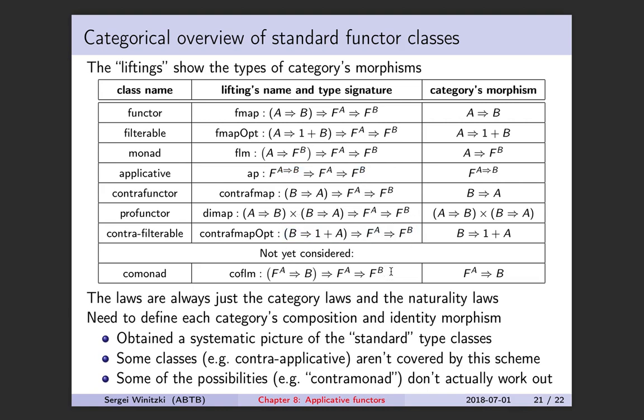Maybe there is a trick that I'm missing, but right now, for example, contra-applicatives don't have an app, so you cannot write it like this. You could think contra-applicative, since contrafunctor means this category, and applicative means this category, contra-applicative means F of B to A. No, you can't have this kind of thing with F of B to A.